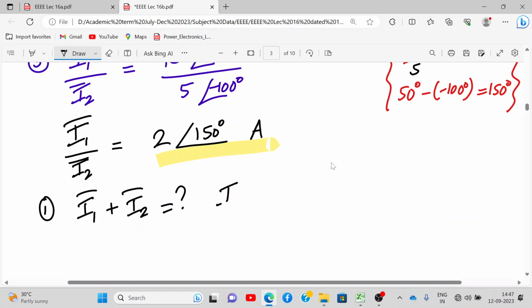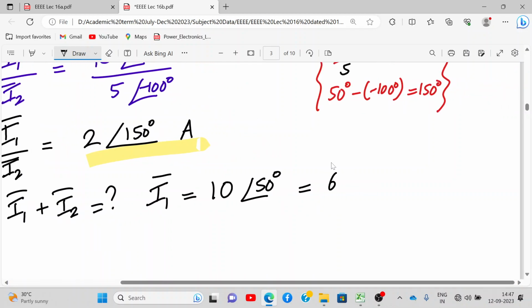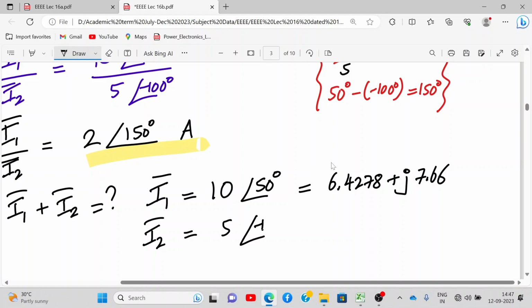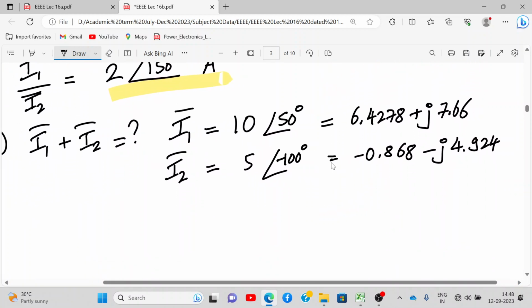So first of all, write I1 and I2. I1 is how much? 10 angle 50. Convert into rectangular: 6.4278 plus j 7.66. Is this the one? And what is I2? 5 angle minus 100. So this will be minus 0.868 minus j 4.924. Please check. This is in rectangular form, correct? And now we add them.